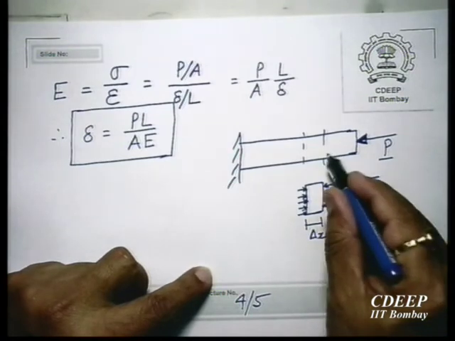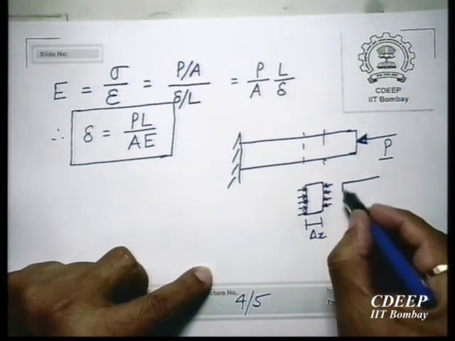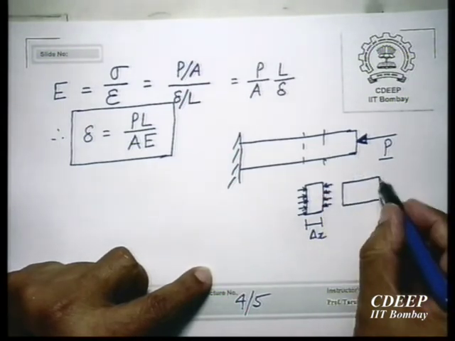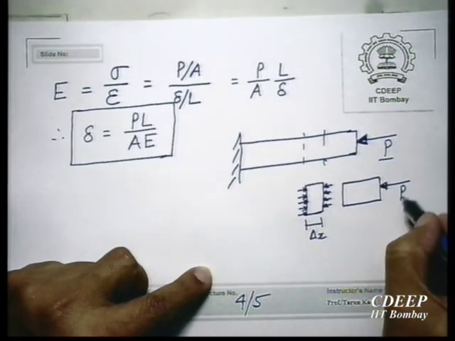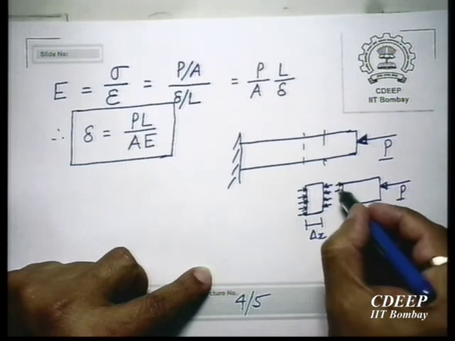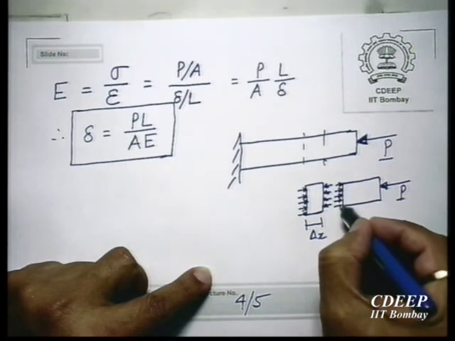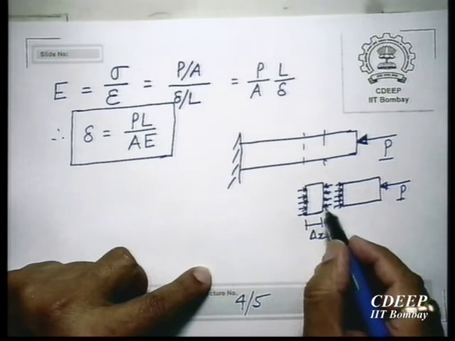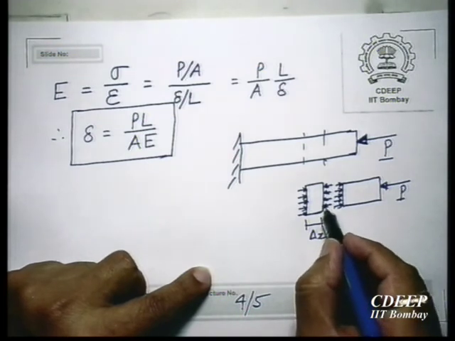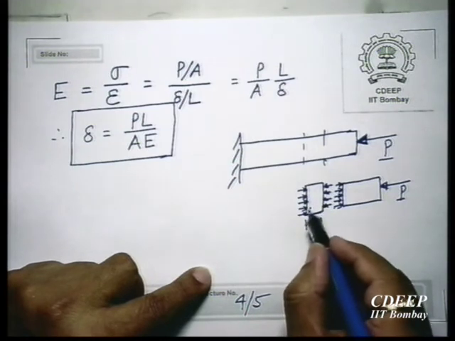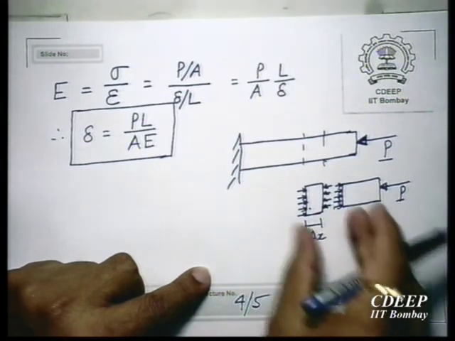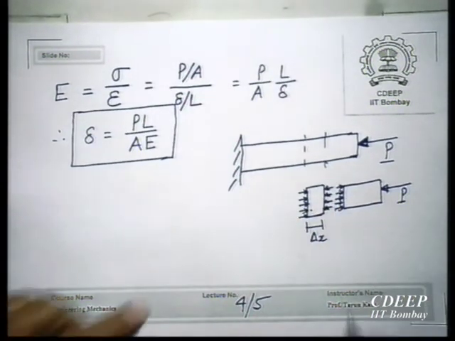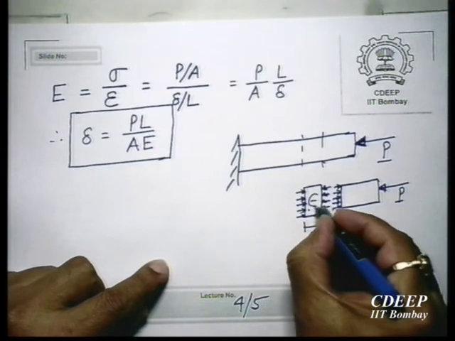if I draw the free body diagram from here to here, it is like this. This must be resisted by this kind of distribution, and from Newton's third law on the cut section there must be an equal and opposite force. Then, in order to keep this small element in equilibrium, there must be a distribution like this, and this is what is being compressed. So, this we call negative.